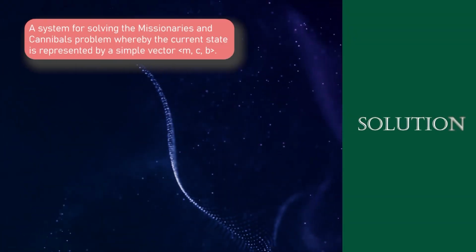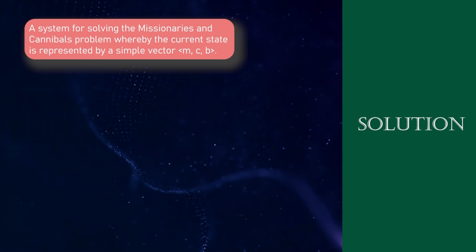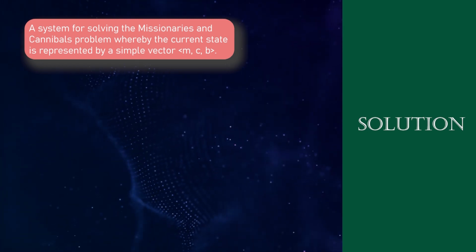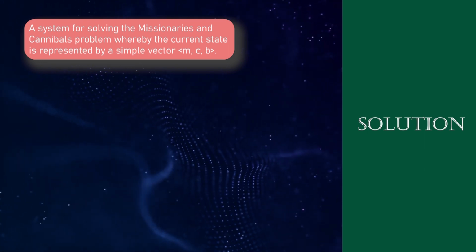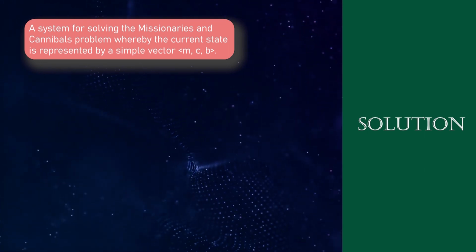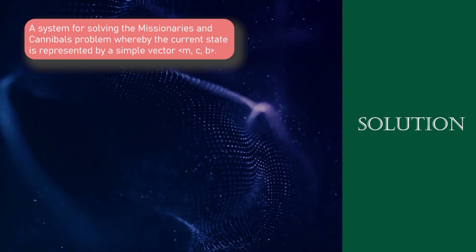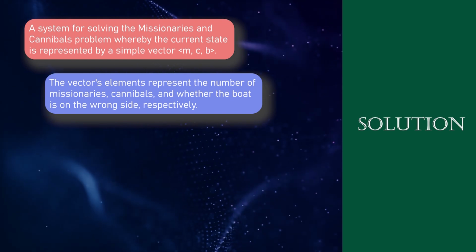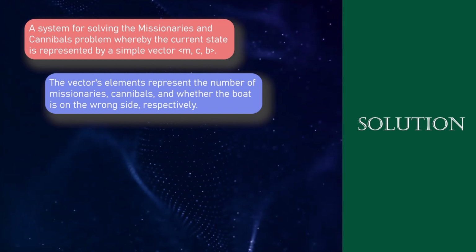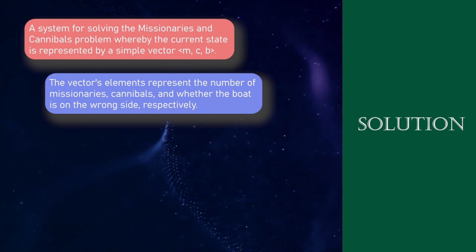A system for solving the missionaries and cannibals problem, whereby the current state is represented by a simple vector M, C, B, where M stands for missionaries, C stands for cannibals and B stands for the boat. The vector's elements represent the number of missionaries, cannibals, and whether the boat is on the wrong side respectively.